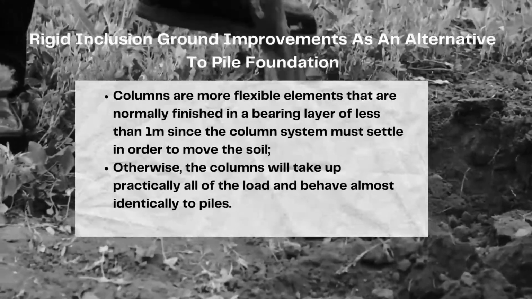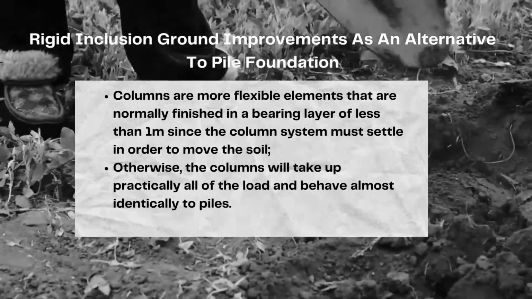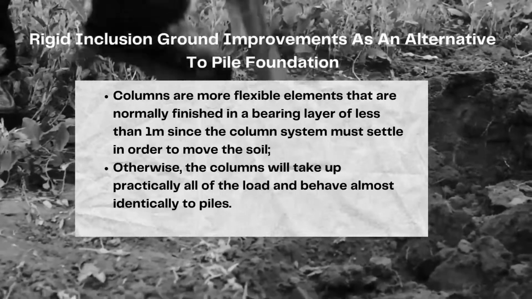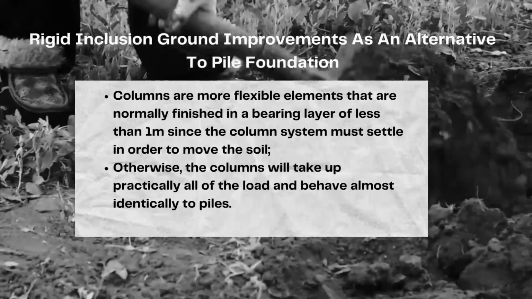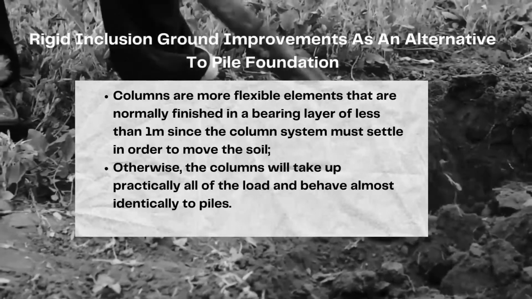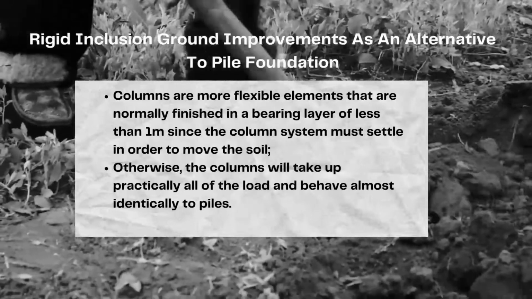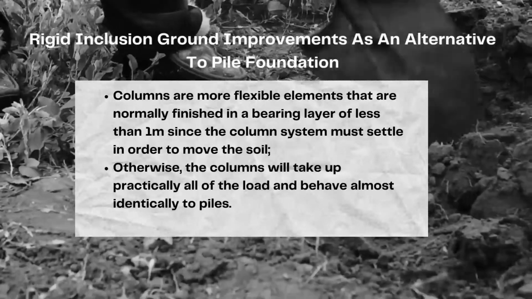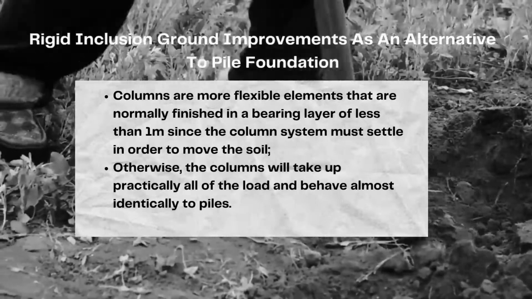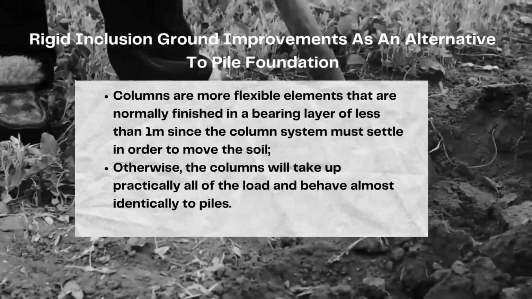First, columns are more flexible elements that are normally finished in a bearing layer of less than 1 meter, since the column system must be settled in order to move the soil. Otherwise, the columns will take up practically all of the load and behave almost identically to piles.